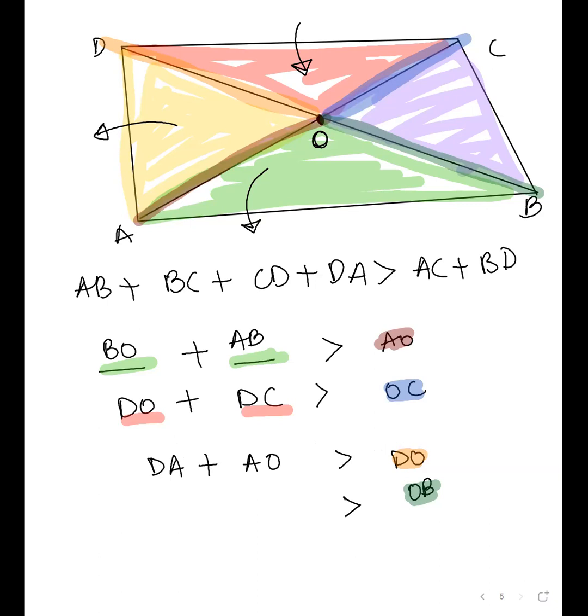For 1 sec, let me just mark it so that you don't forget which triangle it came from. Next, let's take a look at the purple triangle for OB. BC plus OC. Very good.